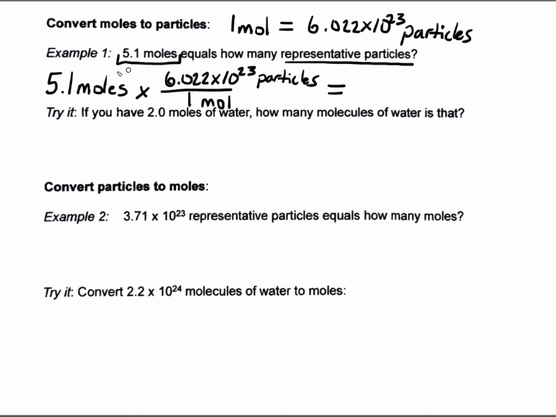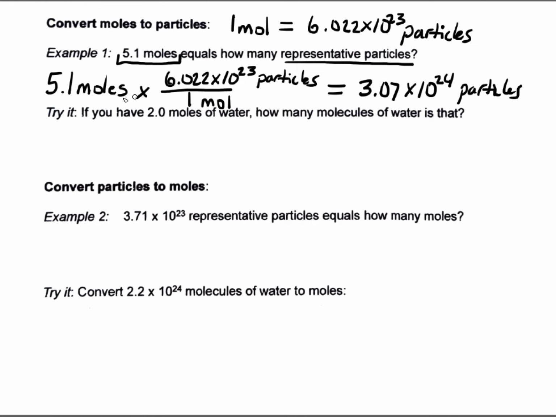And so I know that if I want to convert from moles to particles, I have to multiply 5.1 by 6.022 times 10 to the 23rd and then divide it by 1. Which, if I do that, 5.1 times this gives me 3.07 times 10 to the 24th power particles.